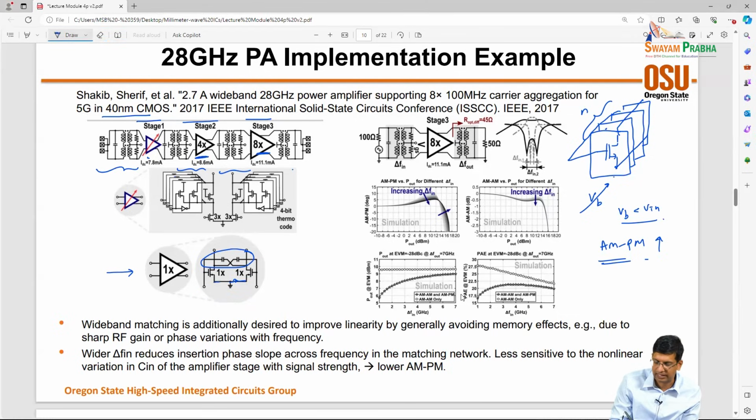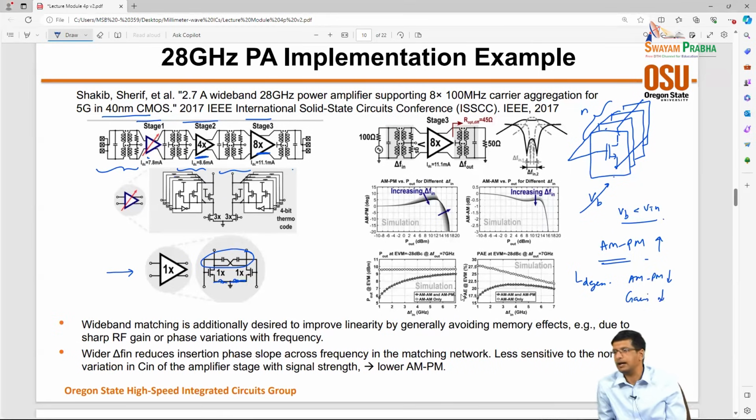So they have a degeneration inductor over here, and when you put a degeneration inductor, you can show that the AM PM is improved, right. But when I put the degeneration inductor, I'm also dropping gain, right. So we apply the L degen, AM PM comes down, but gain is decreased, and I have to live with that trade-off, right.